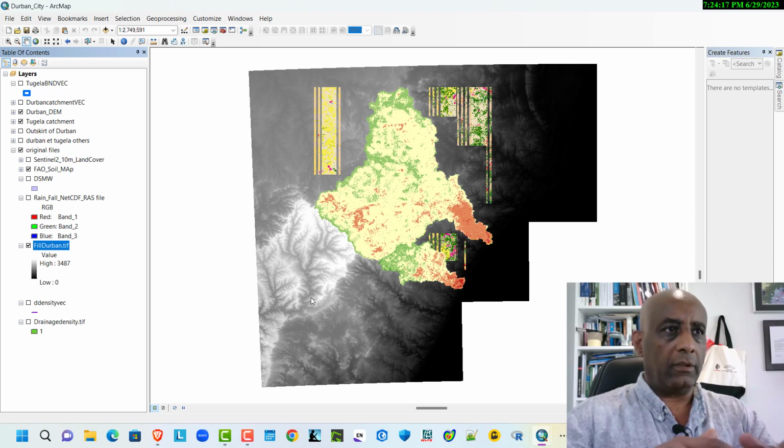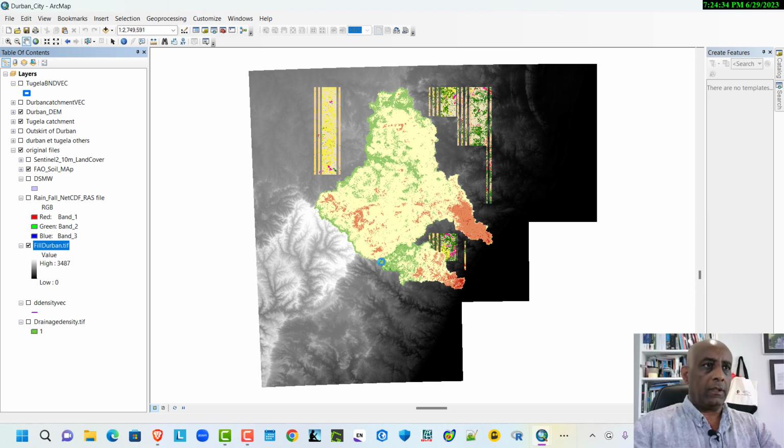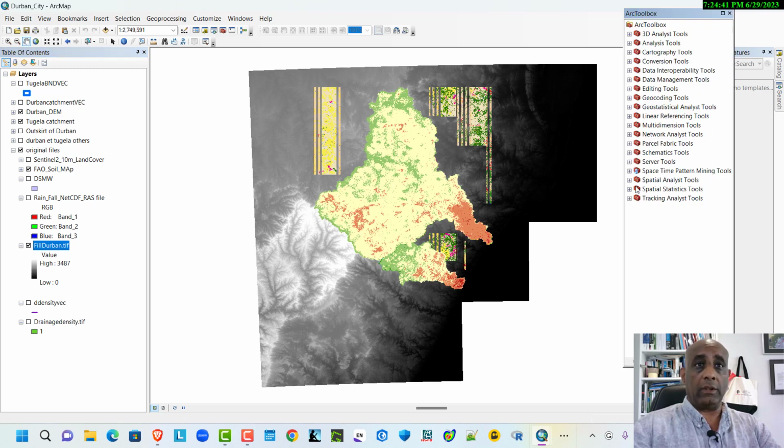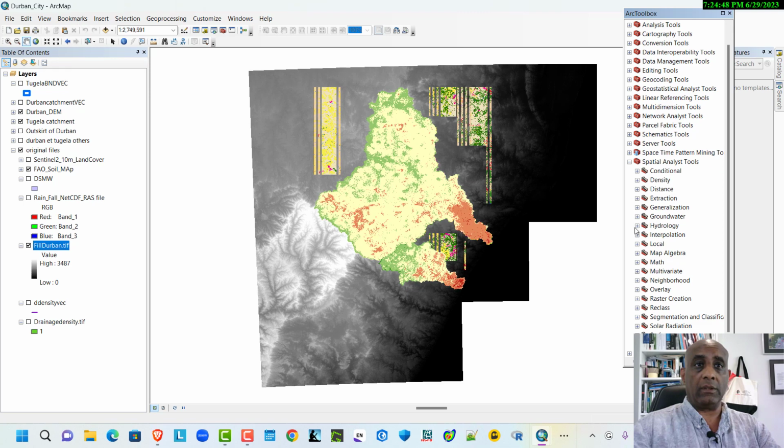You have to fill the sinks. Processing the digital elevation model for hydrologic analysis, you see, there is hydrology in spatial analysis. We have to fill it, and calculate the flow accumulation, flow direction, and so on.